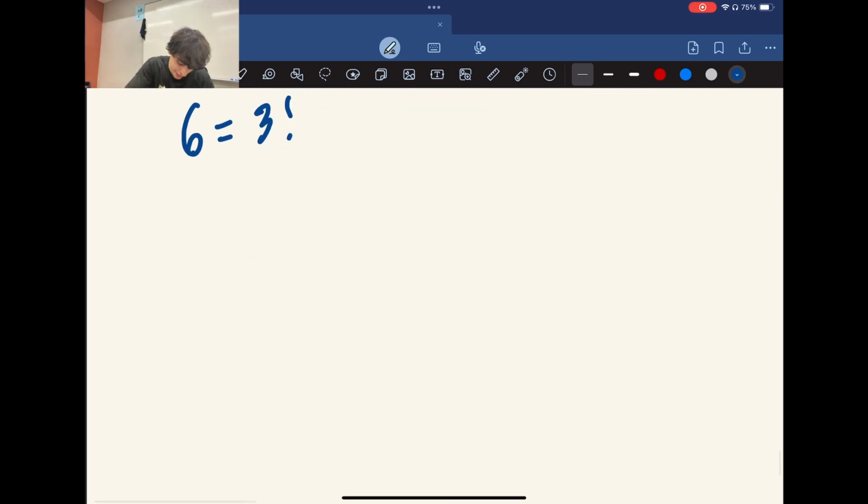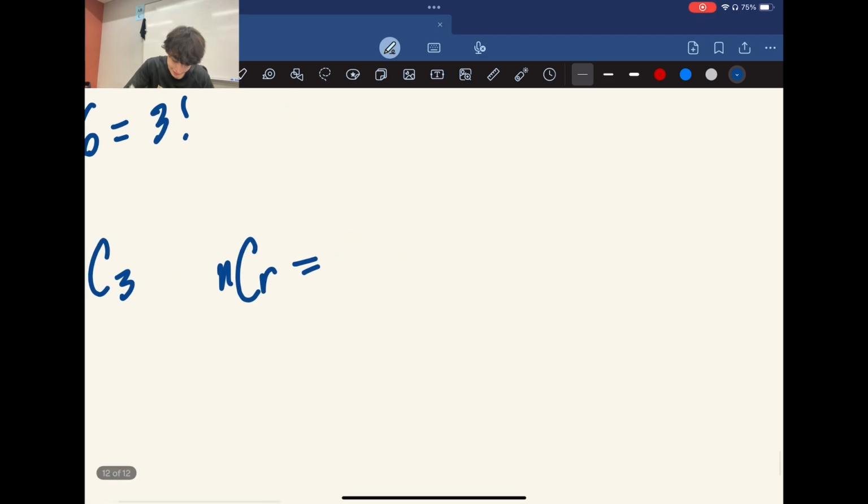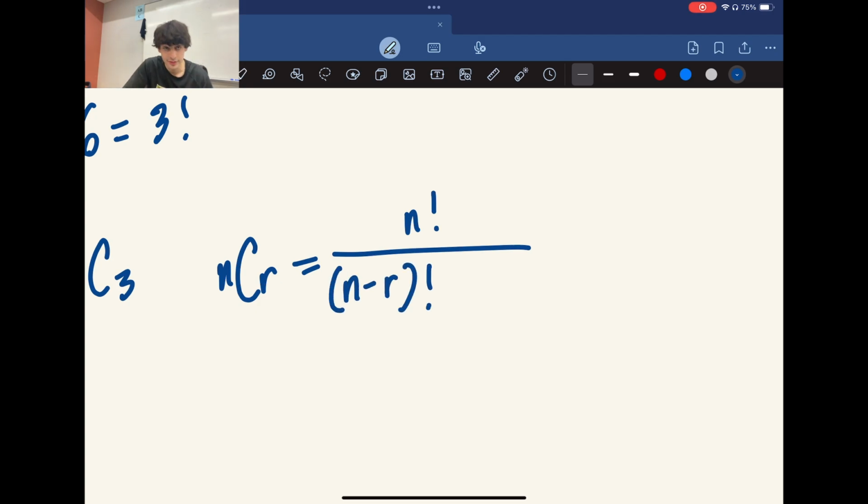The formula here, denoted by 10C3, or rather NCR, can be defined like so. We're going to have n factorial on the top, and on the bottom we're actually going to still have that same n minus r factorial, but we're going to multiply that now by r factorial.